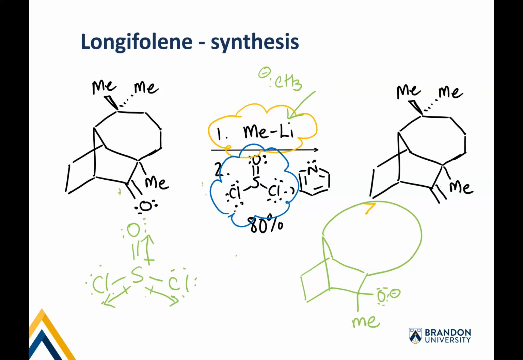So if this oxygen was to come in and attack, technically sulfur's got two more lone pairs there. What we're going to end up generating is, I'm going to erase this for the time being because it's too big.